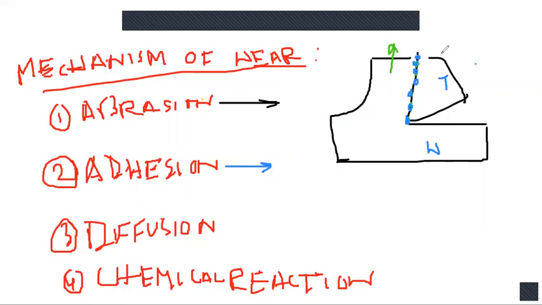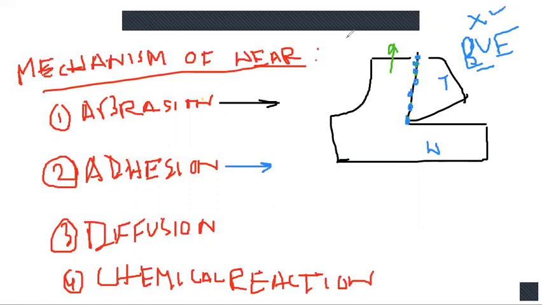Due to strain hardening, this particle becomes harder and acts as a cutting tool and cuts the job, so there is a chance of built up edge. Okay, we have already discussed what is built up edge. So this is not desirable. This is another type of wear.